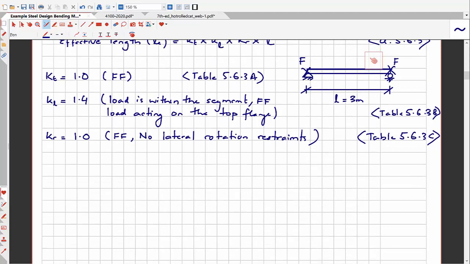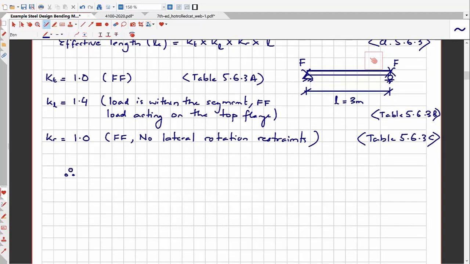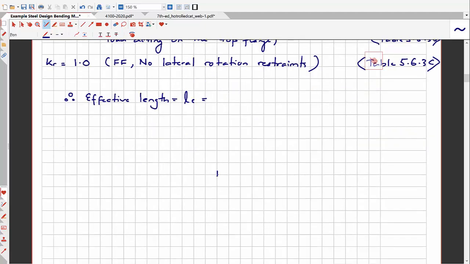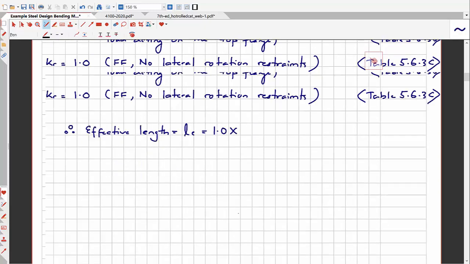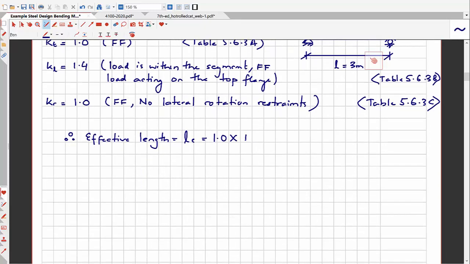Now with that, we can find out our effective length. KL is 1.4 and KR is 1.0, and your overall length of the beam is 3 meters.